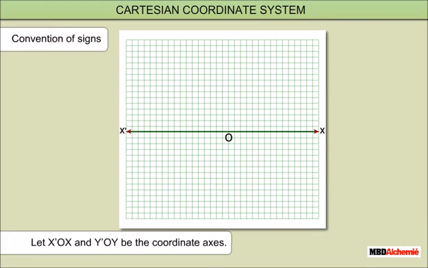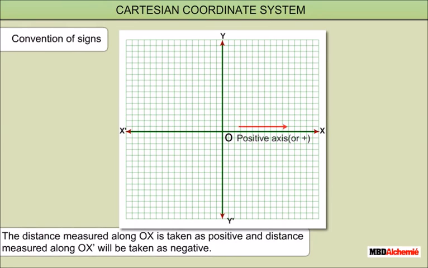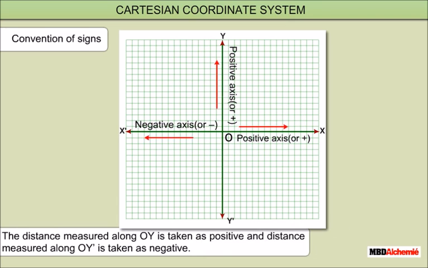Convention of signs. Let X'OX and Y'OY be the coordinate axis. The distance measured along OX is taken as positive, and distance measured along or parallel to OX' will be taken as negative. The distance measured along OY is taken as positive, and distance measured along OY' is taken as negative.